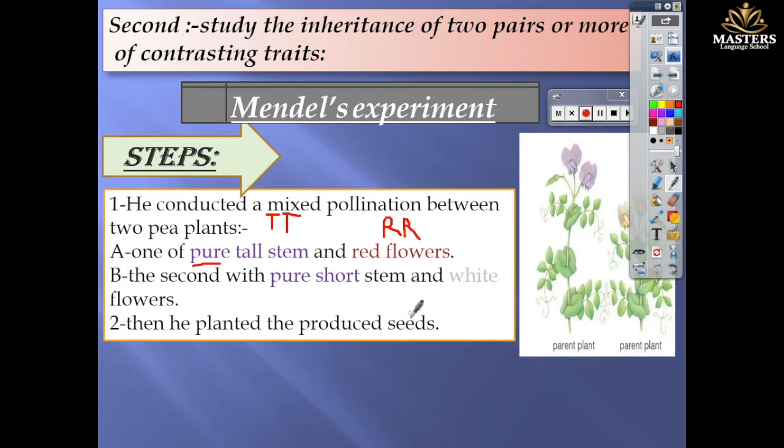What about pure short stem? Short stem is a dominant trait or recessive trait? Yes, it is a recessive trait. Recessive trait of which trait? Tall stem. So I will write T small.